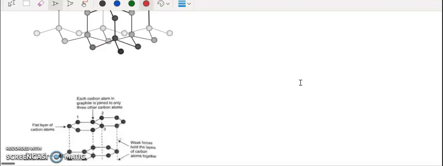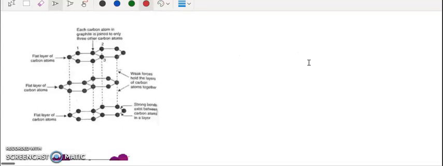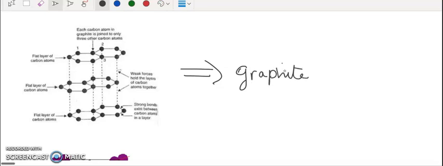Another giant covalent structure is graphite. Although graphite is not as strong as diamond, it is very brittle.